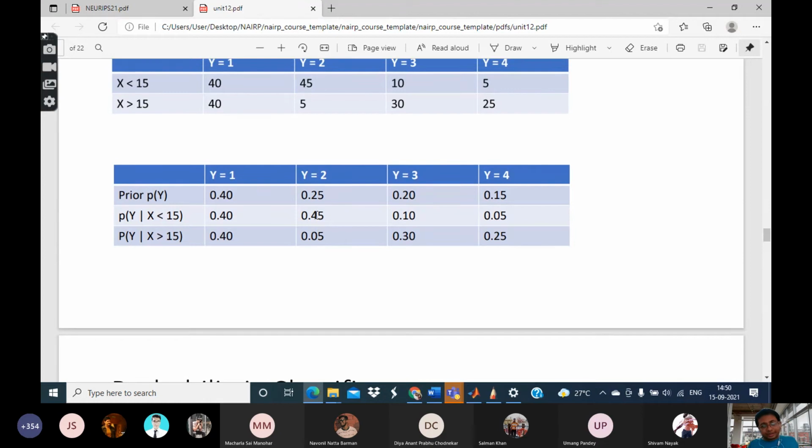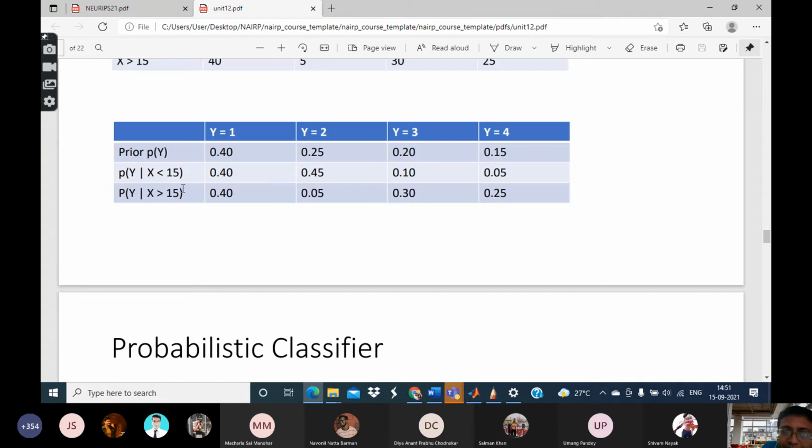In this case the modal label is 2, but there is only 45% probability that y is indeed equal to 2. The other 55% probability is split among other possible values, and overall 45% may not be such a high probability. So you will say something like, I think y may be equal to 2, but I am only 45% confident about this statement.